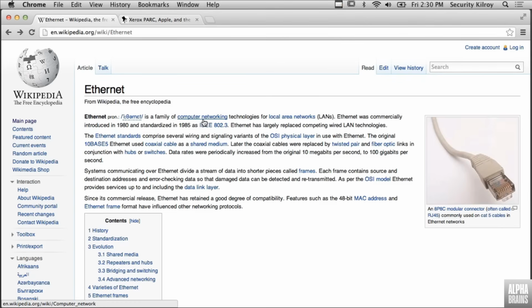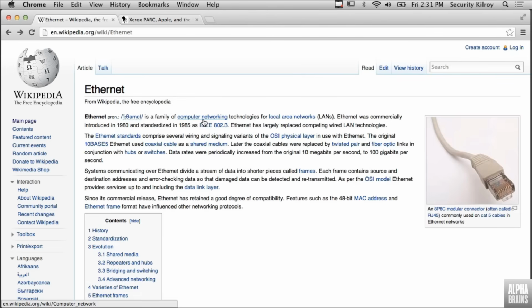In the late 1970s, DEC, the Digital Equipment Corporation, which was eventually bought by Compaq, and then Compaq was bought by HP, along with Intel and Xerox, took over Ethernet and started to promote it as a standard. As a result, for a while it was called the DIX protocol.